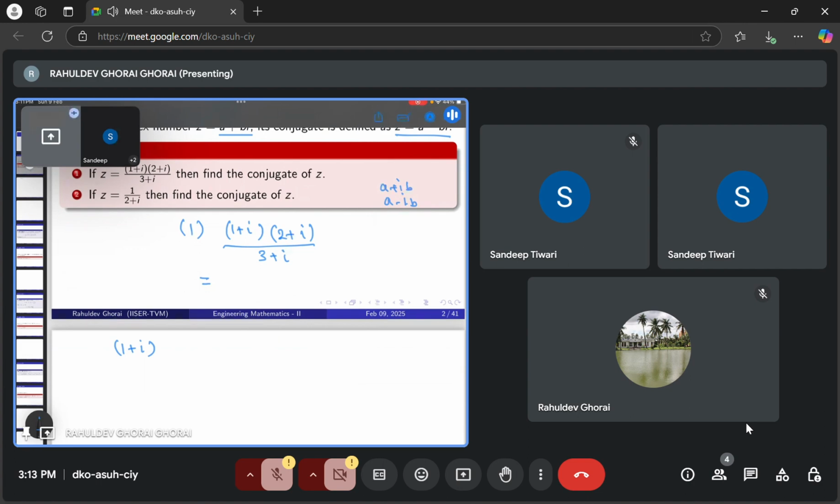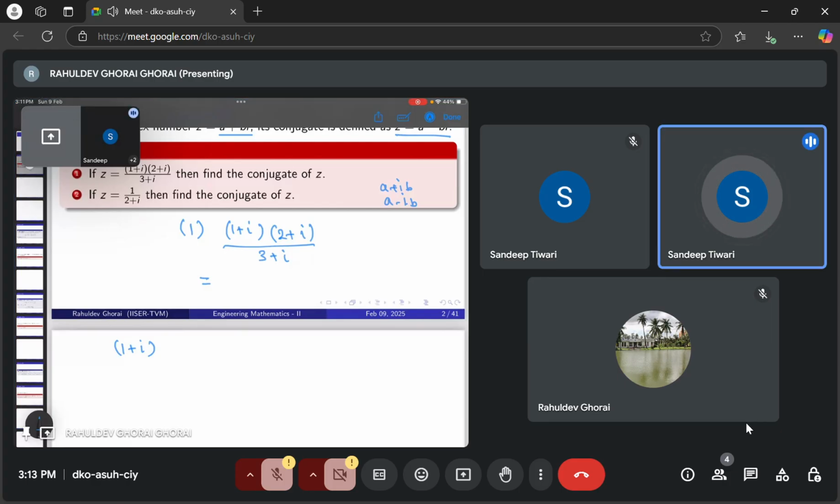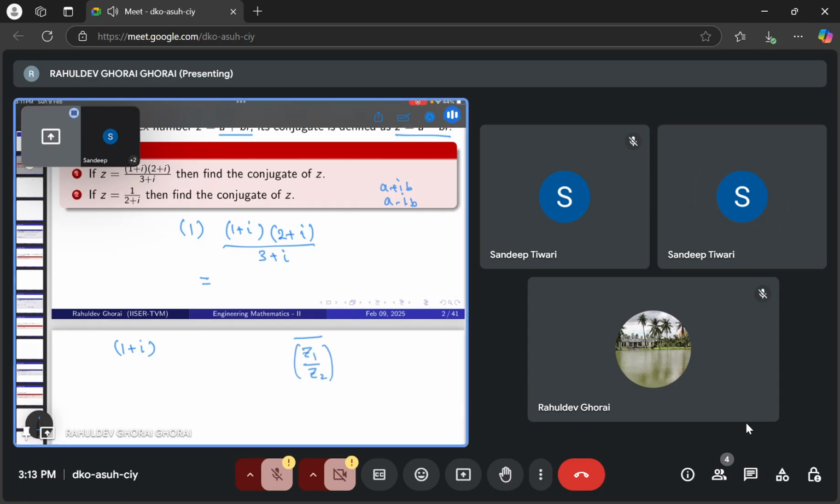You are asking whether the conjugate of z1 upon z2 is equal to the conjugate of z1 upon the conjugate of z2. Is it true? I don't know whether it will be true. That I can prove also, but let's see for at least this example whether it happens.